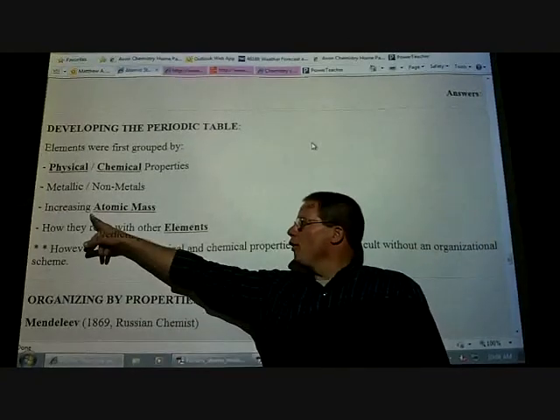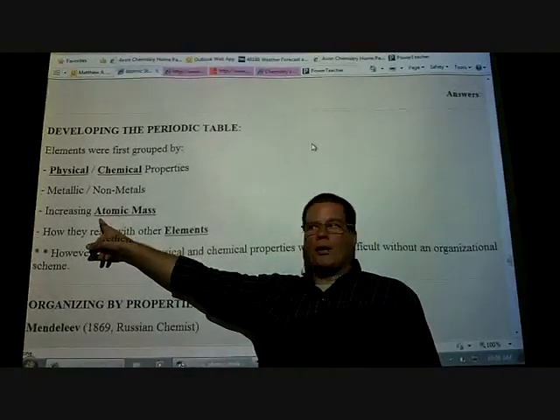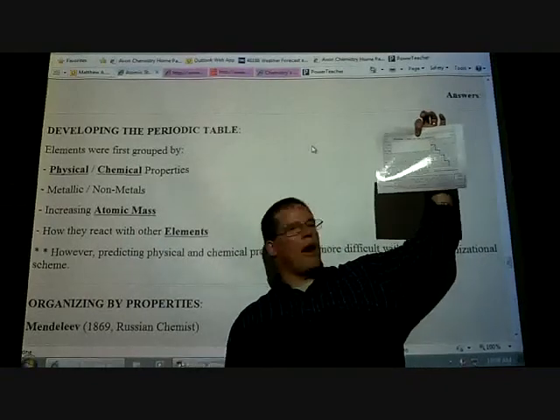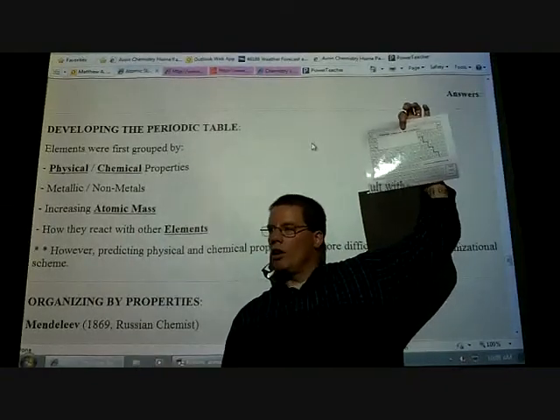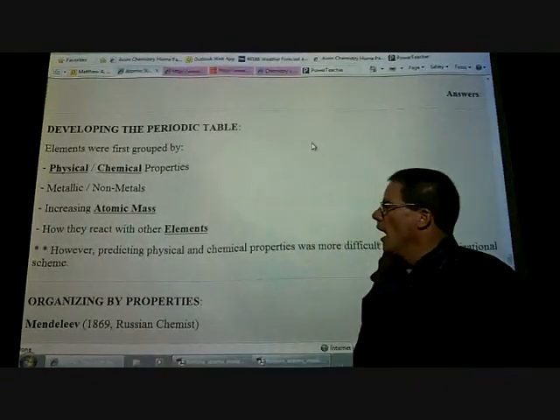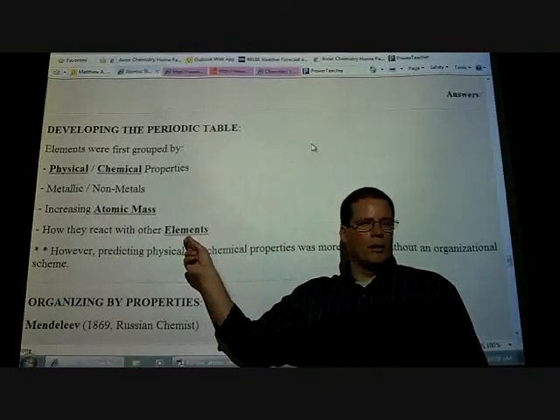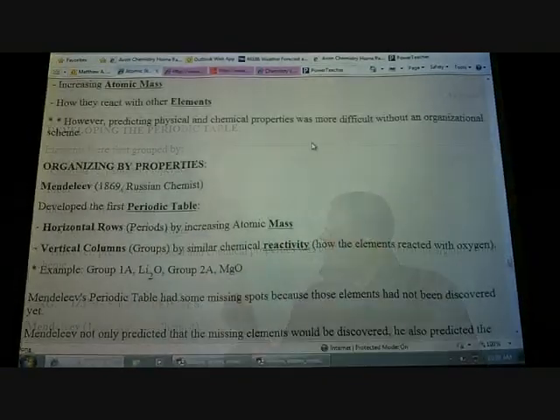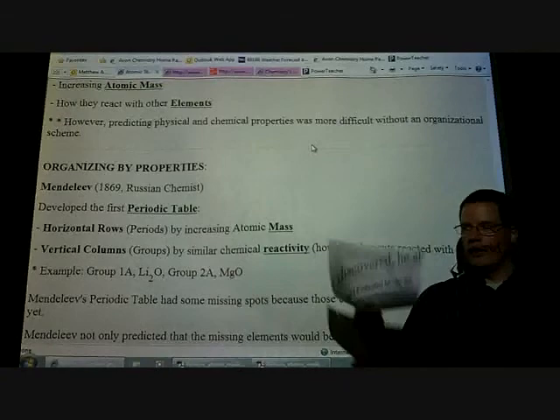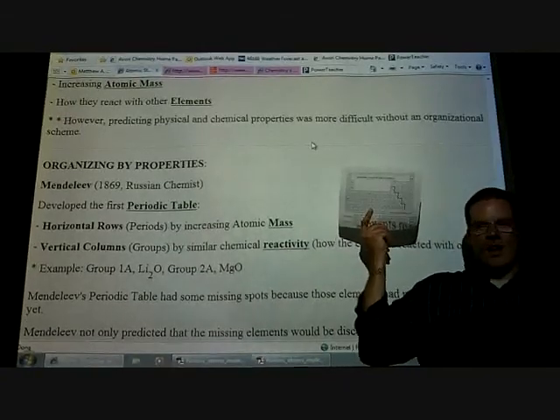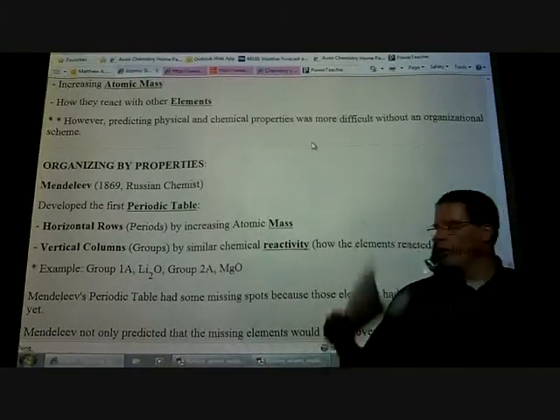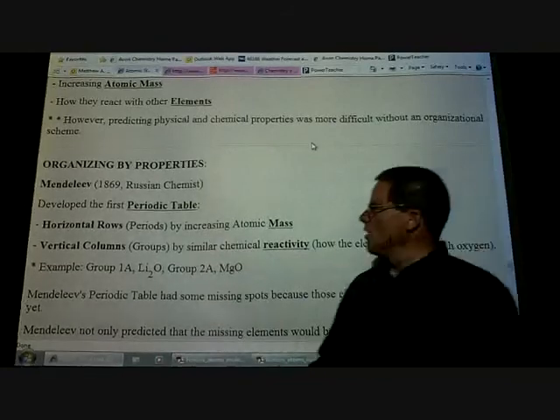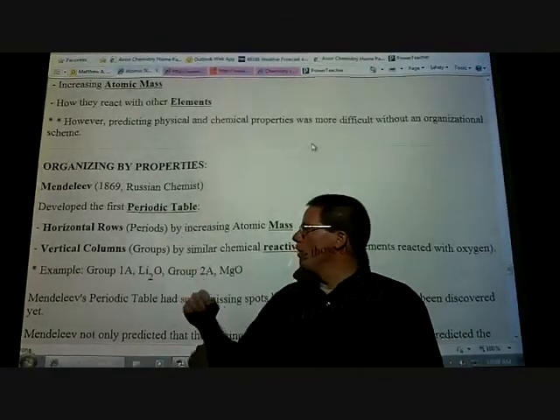All right. Our first periodic table was arranged by increasing mass. That is not how it is now. You'll have some homework on some examples with that. How they react with other elements, that's still the same. Mendeleev came up with a better version of the periodic table. He was a Russian chemist. He's the one that first developed the periodic table.